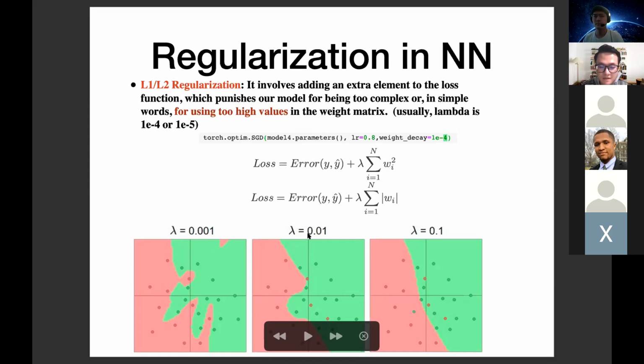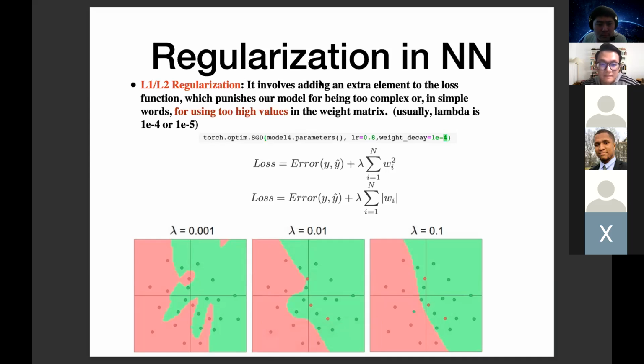But if lambda increases, you can see you will not overfit to your training points. It will generalize well to new data points. But for the left figure, it will overfit to the training points, so it will not get good performance on new data.